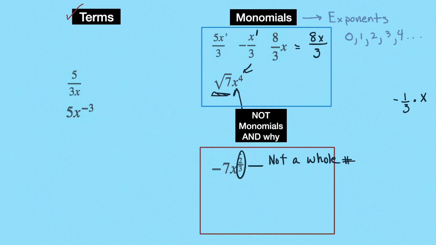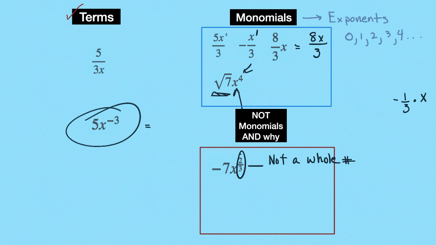Now, these two right here are both not monomials. This one, it's very clear that it's not. This is 5x to the negative 3, and we haven't done a whole lot with negative exponents, but here's what that means. That negative exponent means the reciprocal. It actually means 1 over x to the third, which is 5 over x to the third.